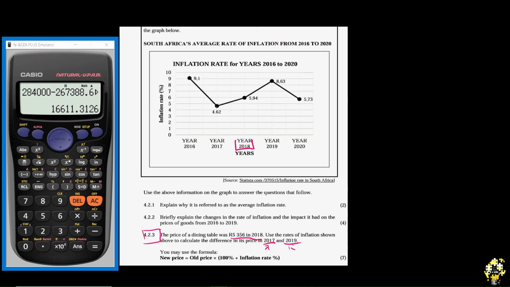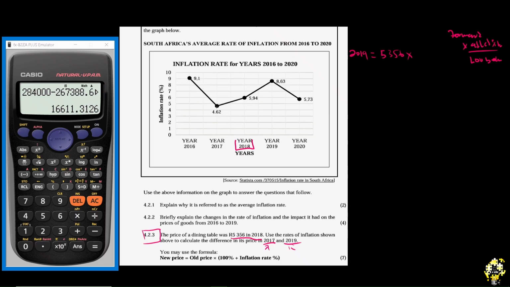Since 2019 is forward, and we already understand that when you are going forward, the added percentage goes at the top and 100 you put below. So let's write 2019 is going to be 5,356, which is the price in 2018. If we want 2019, this is important. This is what I've been telling you.